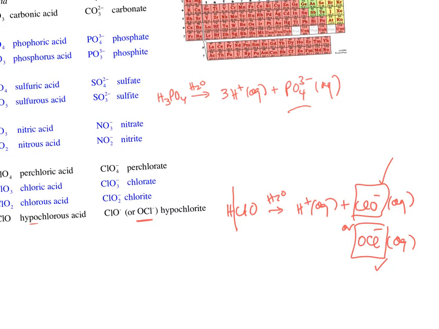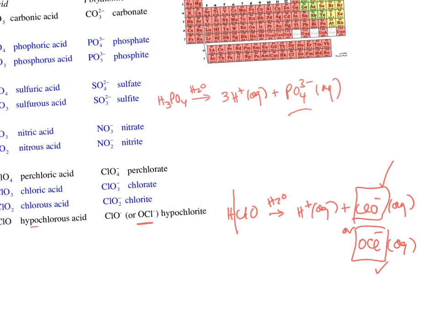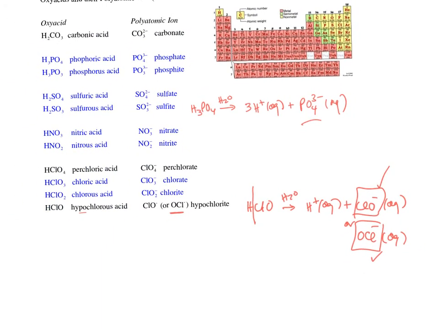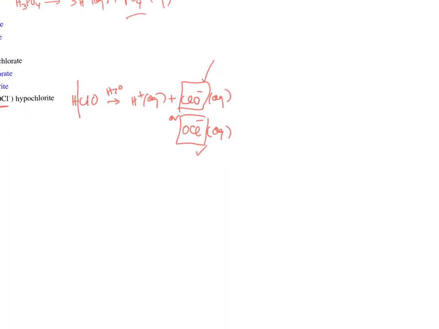So the polyatomic ions can form salts, right? So that's going to be a cation and an anion, an ionic compound. So in other words, not only do you have binary type 1 ionic compounds, let's consider this for a moment.